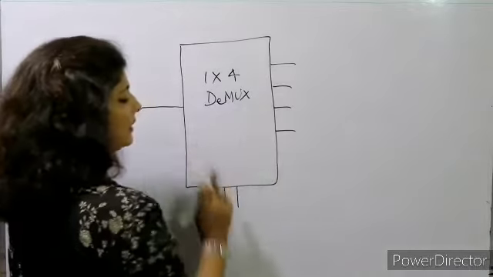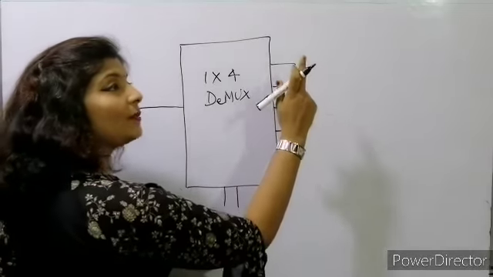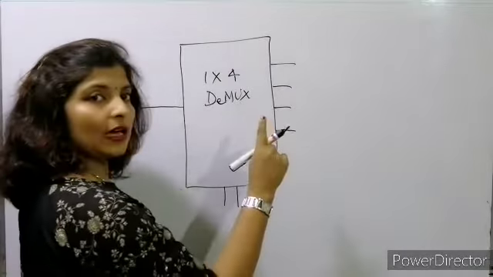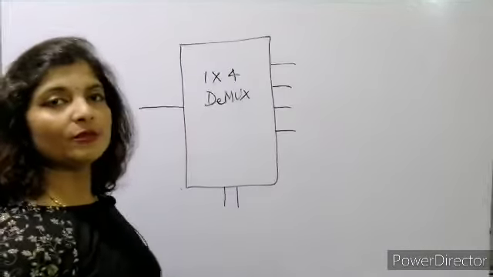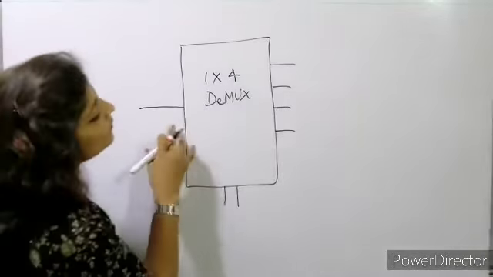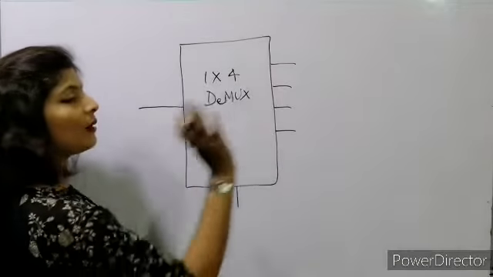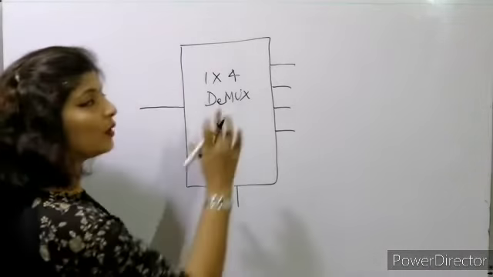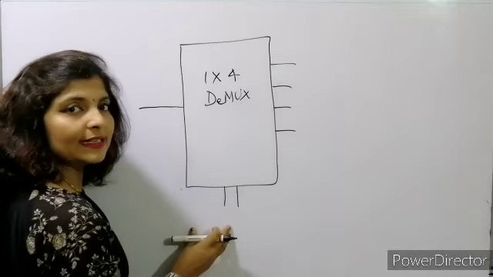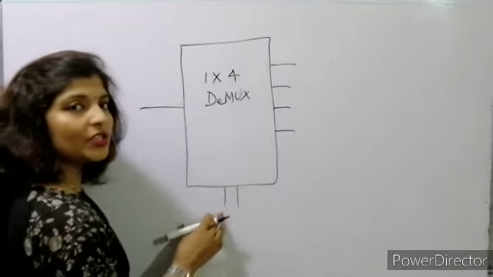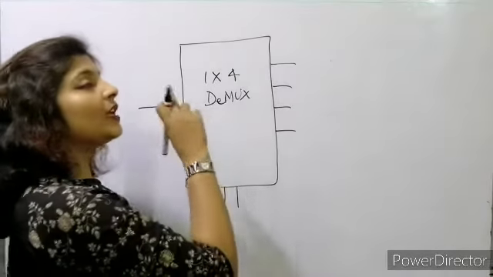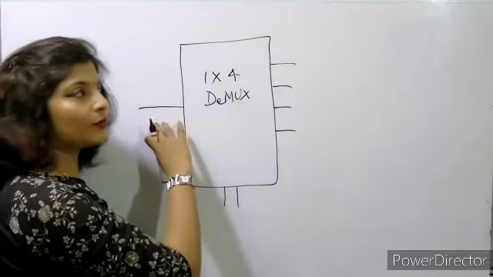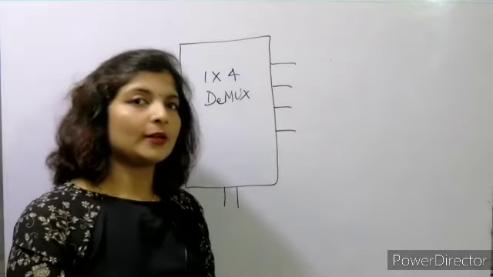So there are 2 select lines, giving 2 to the power 2, that is 4 output lines, and it will transmit the information it received to any one output line only. Again, if the number of output lines is 2 to the power n, there will be n select lines, so for 4 output lines there will be 2 select lines.